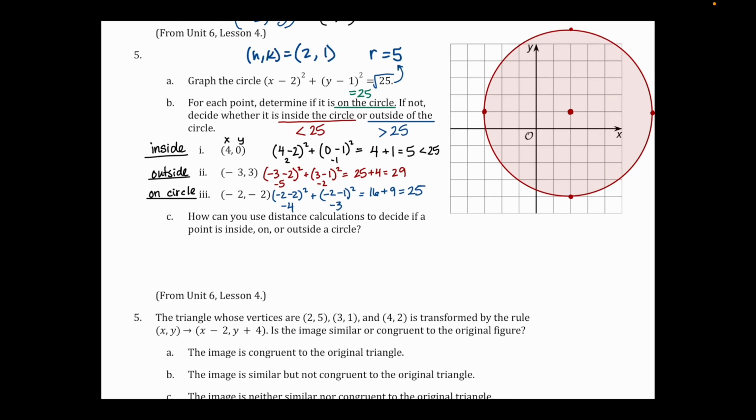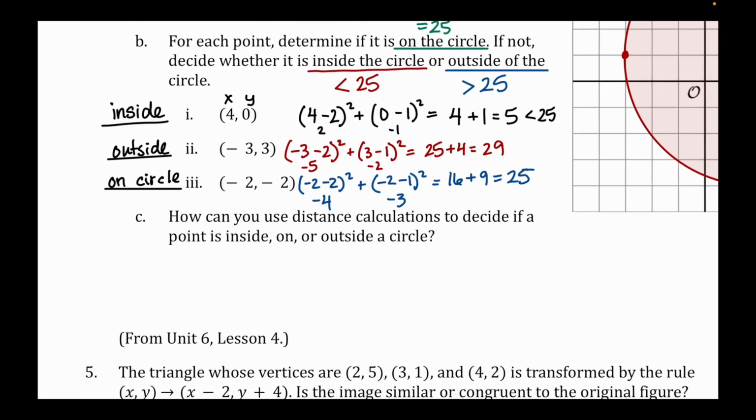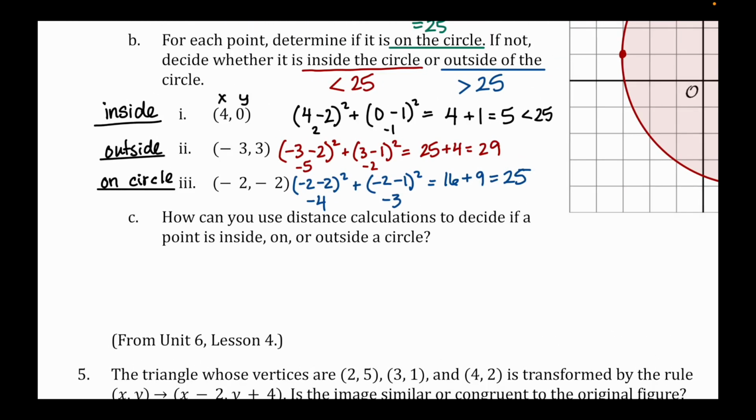So how can you use distance calculations to decide if a point is inside or outside a circle? We actually just kind of talked about that. So we want to know, less than radius from the center is inside.